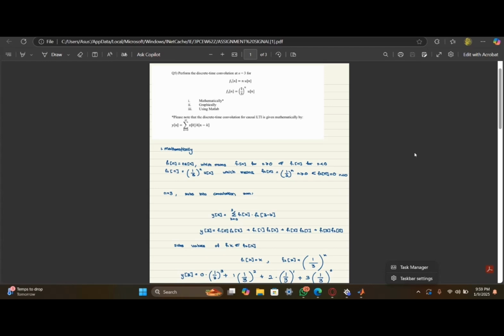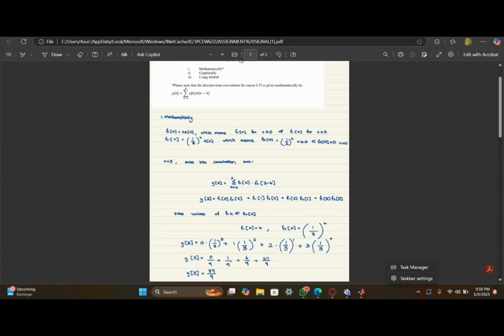First, we have to do it mathematically. For number 1, the convolution formula for the causal discrete time signal is: f1, which means f1 is n, for n greater than 0, and f2 is 1 over 3 power of n, for n greater or equal to 0.